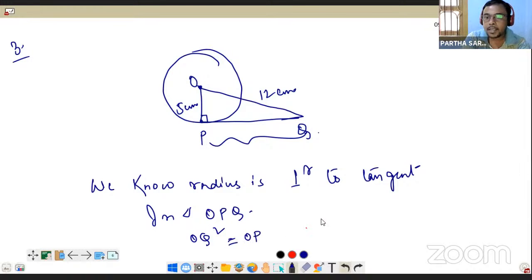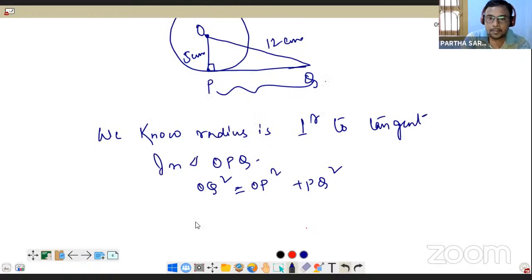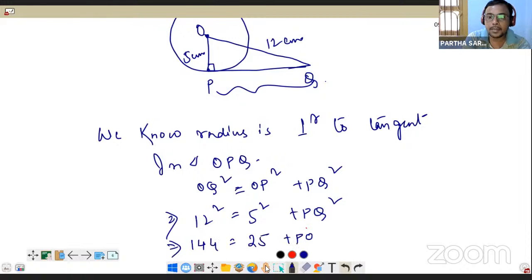OP square plus PQ square you can write. So OQ is 12, 12 square equals OP is 5, 5 square plus PQ square. So 12 square means 144 and 5 square means 25 plus PQ square.